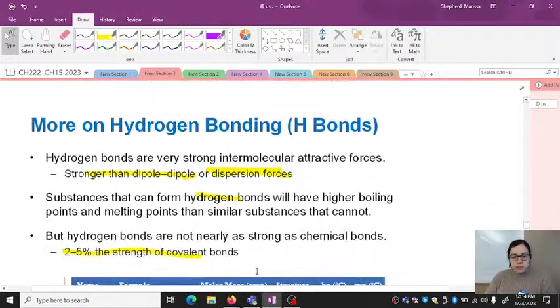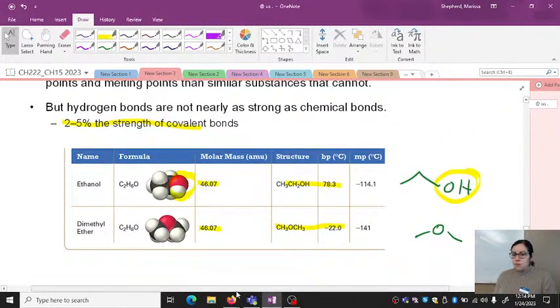Ethanol, I think I said, was close to 1.9. So not too different, but it's all because of that hydrogen bonding. You can have very strong hydrogen bonding interactions with ethanol, and so that gives it a big boiling point difference. So ethanol having a boiling point of 78 versus dimethyl ether of negative 22.